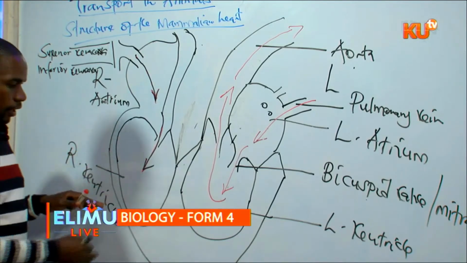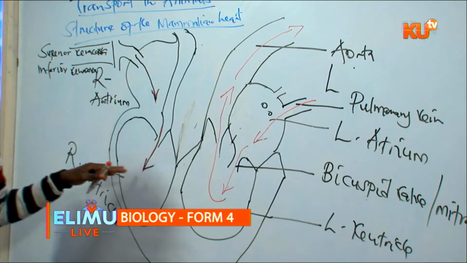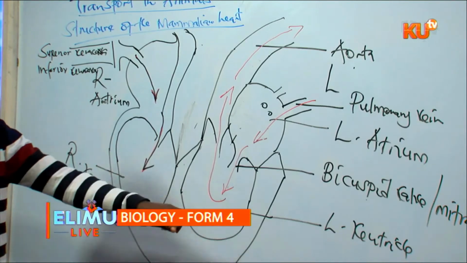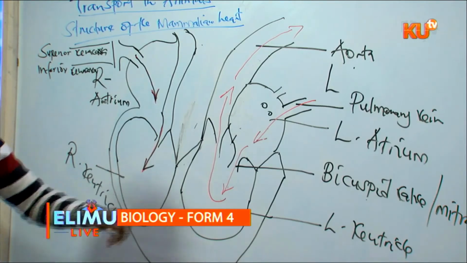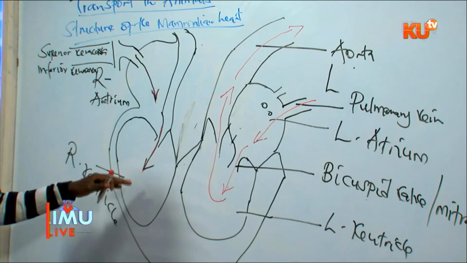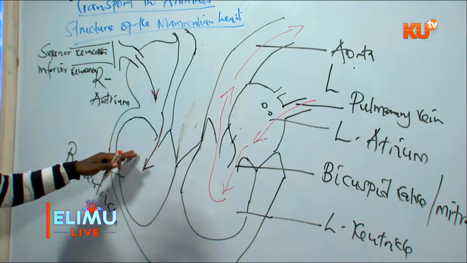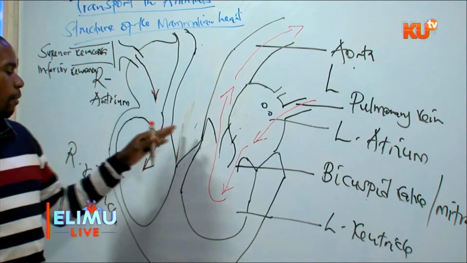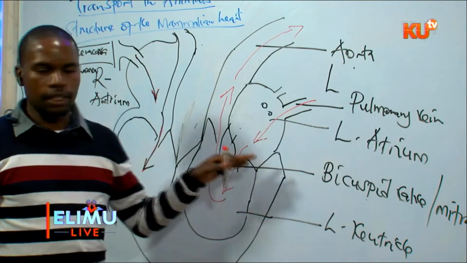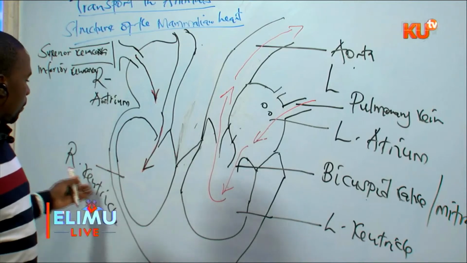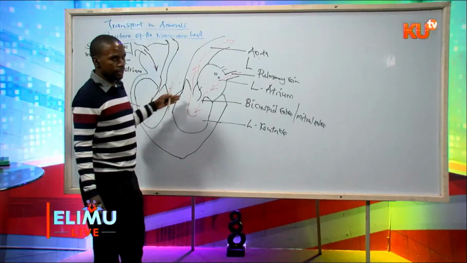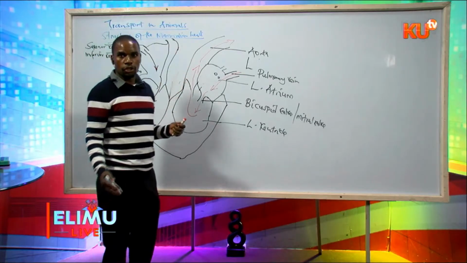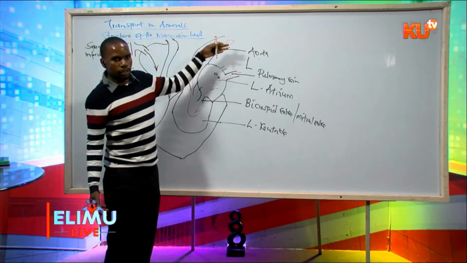The muscles of the right ventricle are thinner as compared to the muscles of the left ventricle. The reason why the muscles of the right ventricle are thinner than the muscles of the left ventricle is because this particular side of the heart is just pumping blood to the lungs.